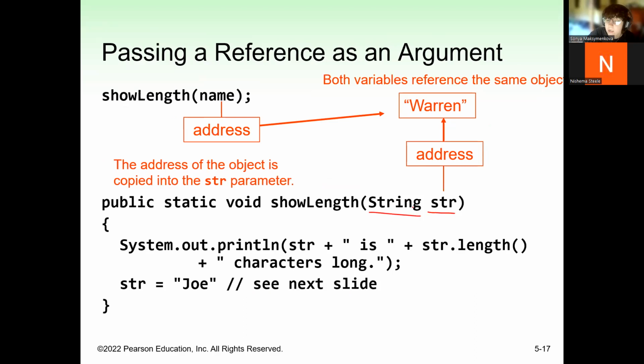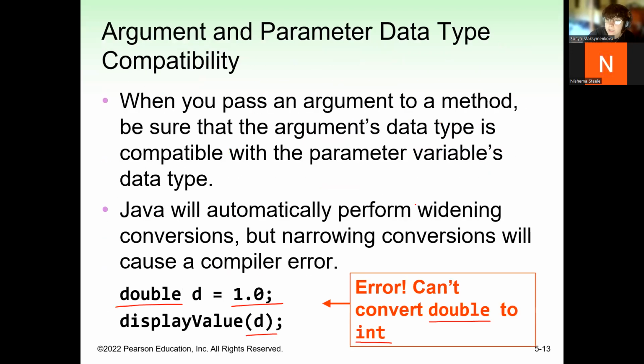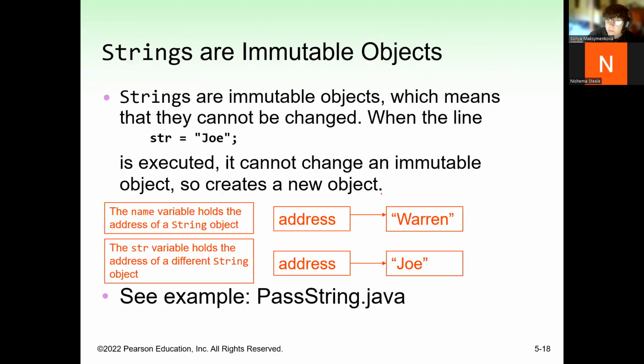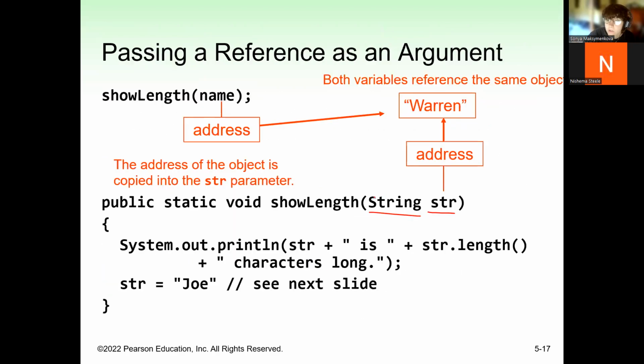And we know that our strings are objects, and doubles and integers are data types, so it's a little bit different, but there is a whole video on the difference of objects and data types. But in this specific case, you need to know that passing a reference of an object works the same way as passing a data type variable. So nothing's gonna be different.